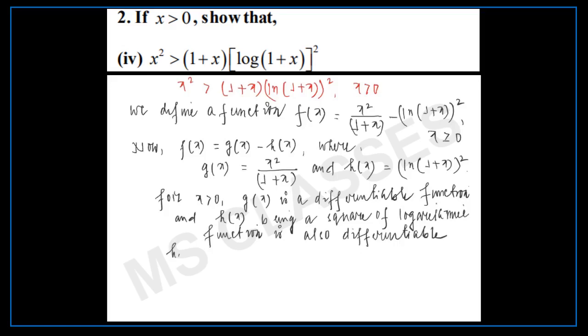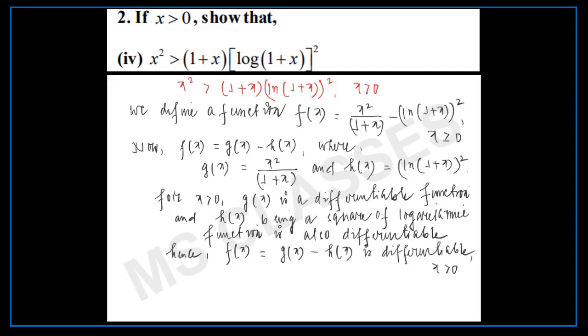Hence, f(x) equals g(x) minus h(x) is differentiable for x greater than 0.